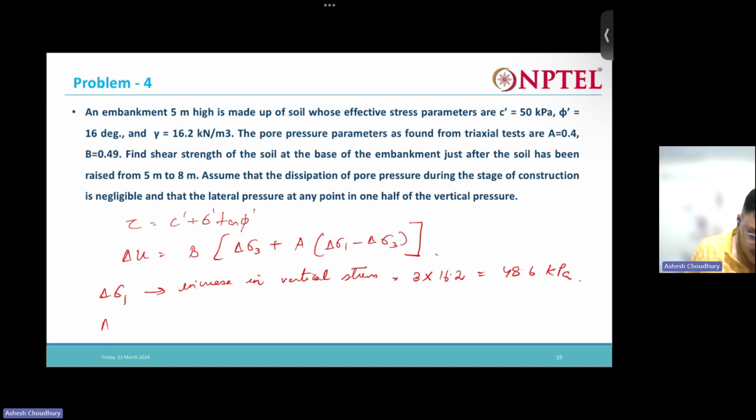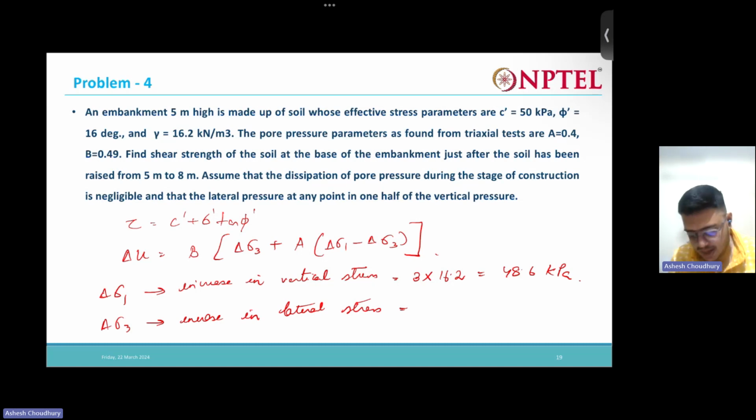Now delta sigma 3, lateral stress, so it is given here, assume that the lateral pressure at any point is half of the vertical pressure. Okay, so we got delta sigma 1 and delta sigma 3.